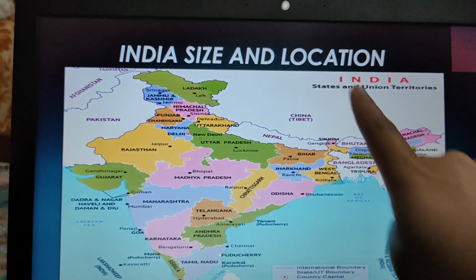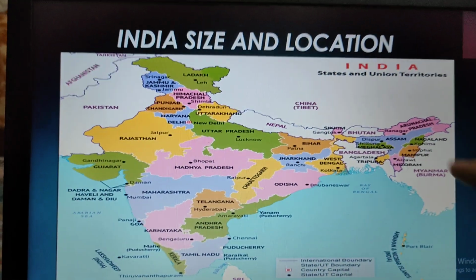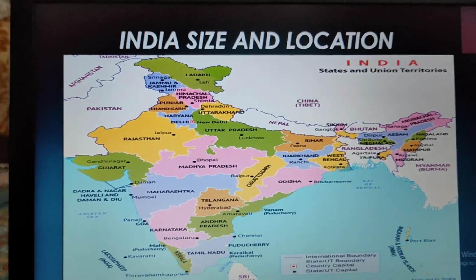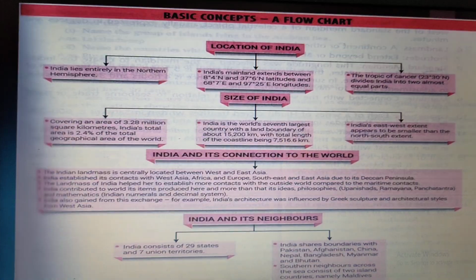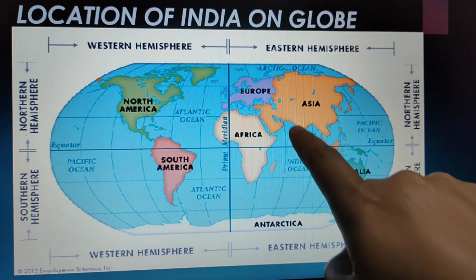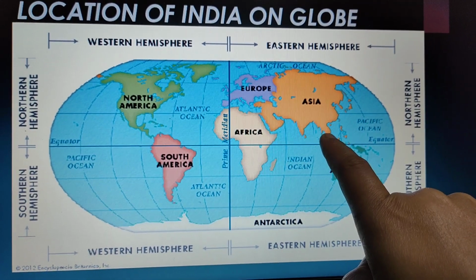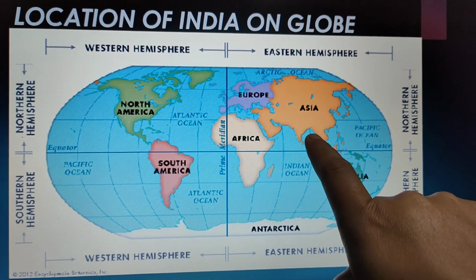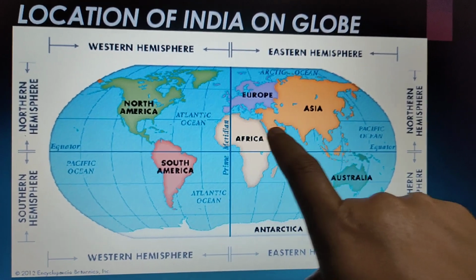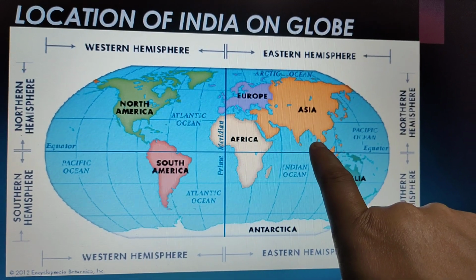These are the neighboring countries of India through land routes, right? And how India is connected to the world through its sea routes. Let's see. Now this is India, right? It is in the central location. This is the eastern side, and this is the western side. So this is your West Asia, and this is your East Asia.